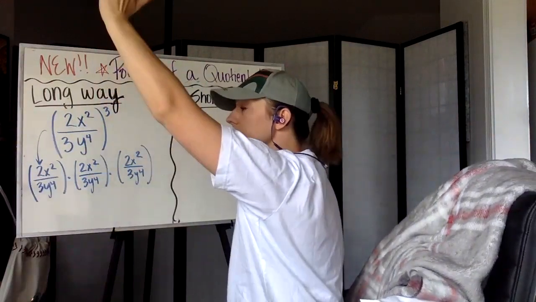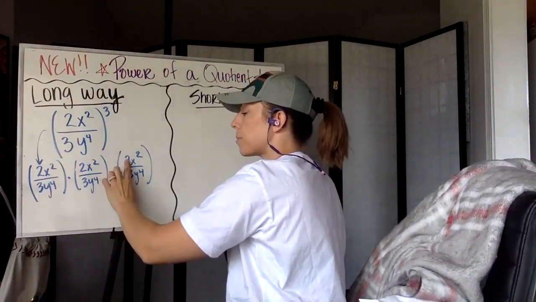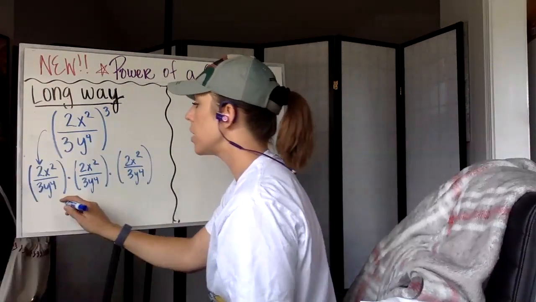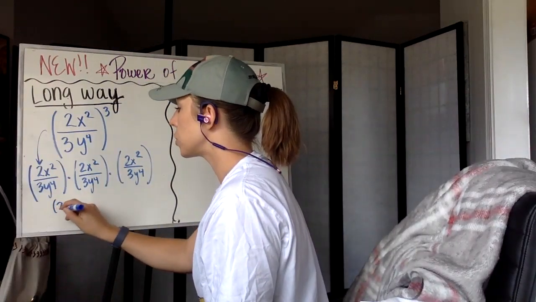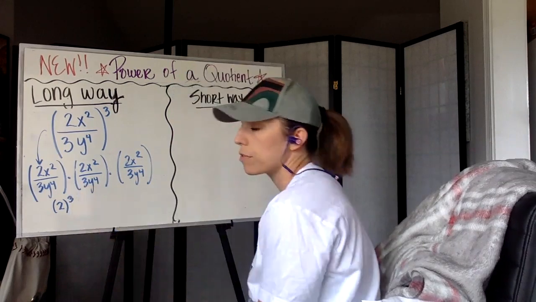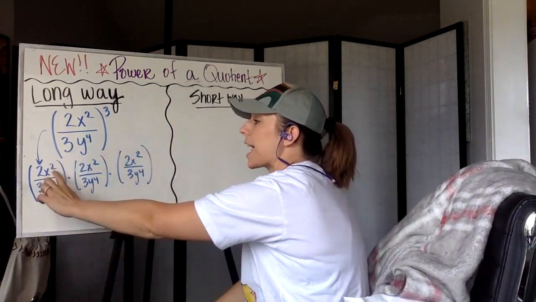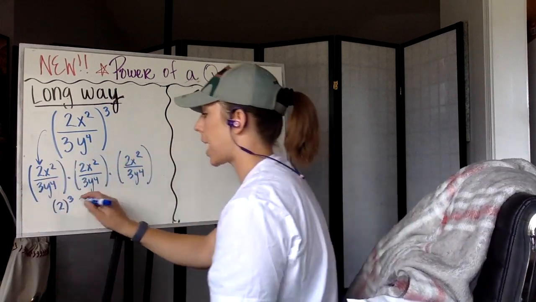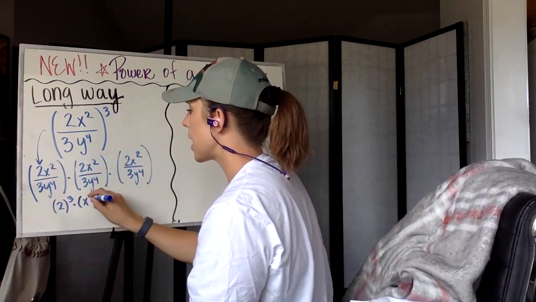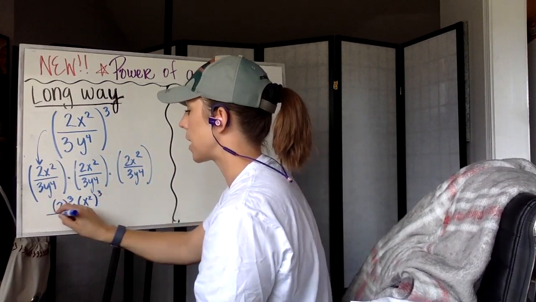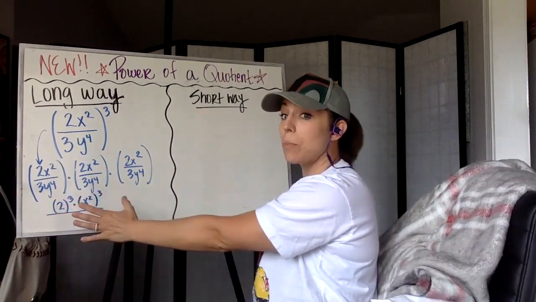Starting at the top, I see 2 being multiplied by itself 3 times in the numerator. So I know in my numerator, 2 gets raised to the power of 3. I'm going to multiply 2 times 2 times 2. I'm also going to multiply x squared by itself 3 times. So that means x squared also gets raised to the power of 3. That's all happening just in the numerator, though.